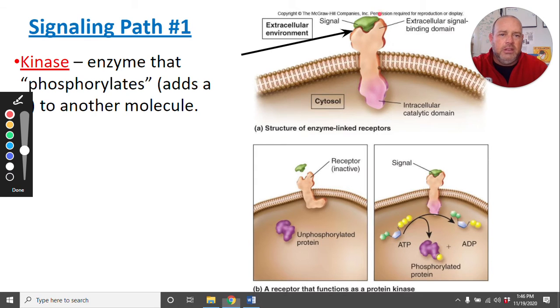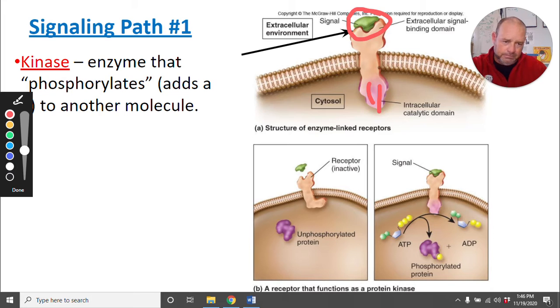Okay, so you get the ligand binding here, and then you get the conformational change here. And so what that does in this case is it allows ATP to interact with this protein right here. So ATP comes up here, and it does have 3 phosphates on it. But then once it interacts with it, notice you get ADP. Okay, so you only have the 2 phosphates here. The third one disappeared, and so it ends up down here on this other protein, this purple guy down here.